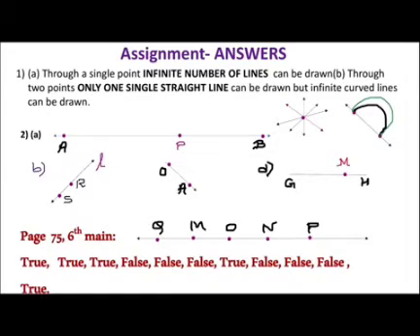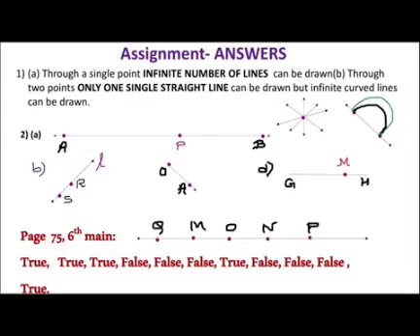The third one, for the line segment MN, the endpoints are M and N. True, is it not? On that line segment MN, M and N are two points, so the segment lies between M and N. So M and N are the endpoints.